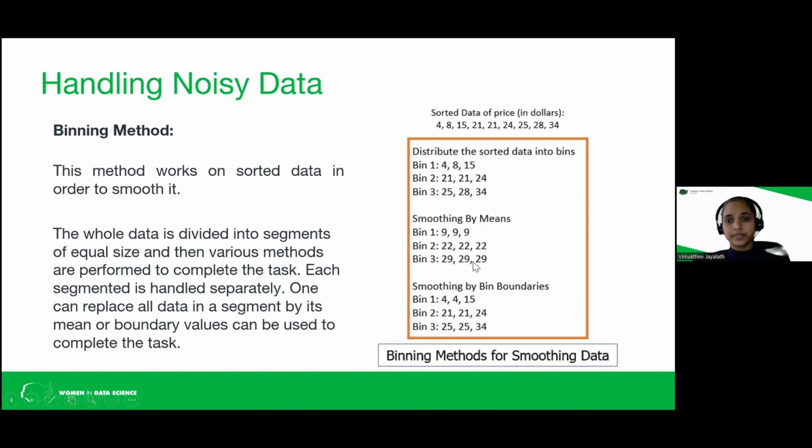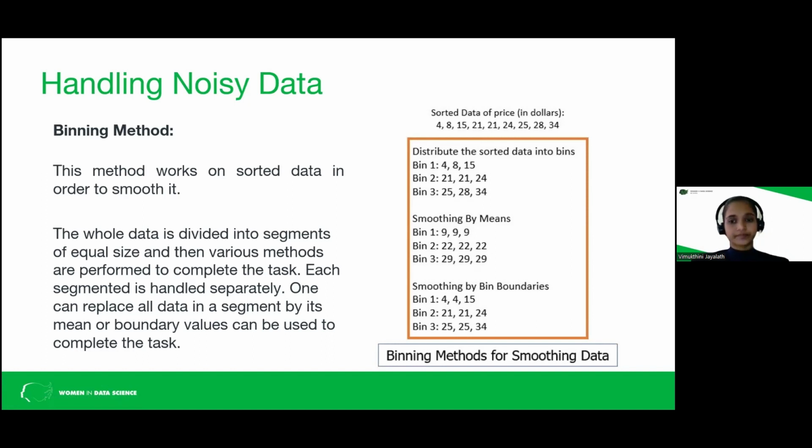And here, if you can see the sorted data in the right-hand corner, we have 4, 8, 15, and all of that. So we can categorize it into bins. In the first section, they have made it into 3 bins, and they're smoothing the data by replacing the data point by the mean of it.